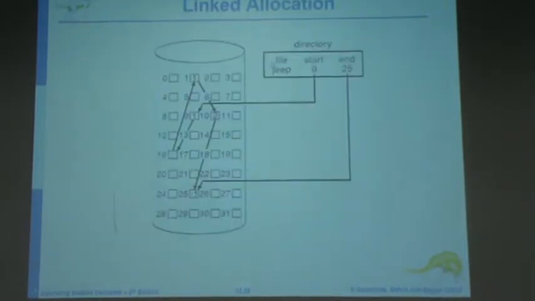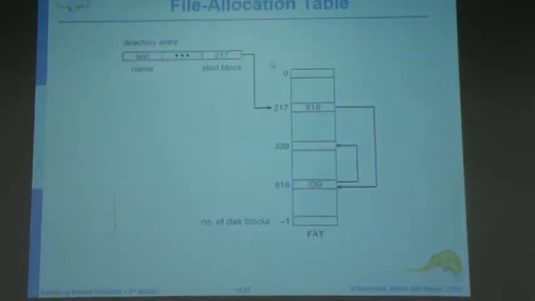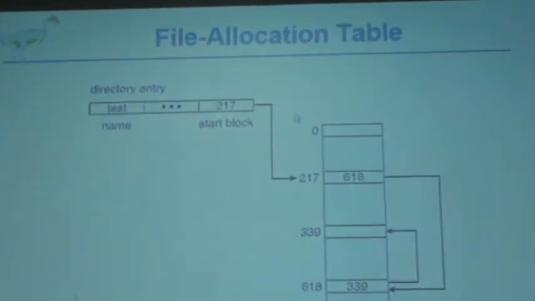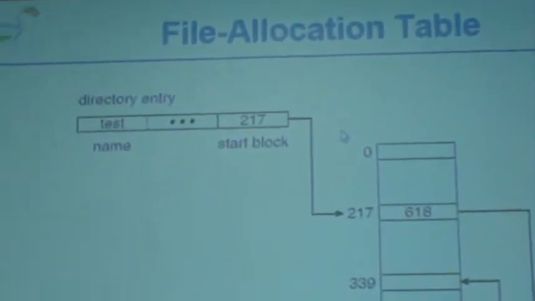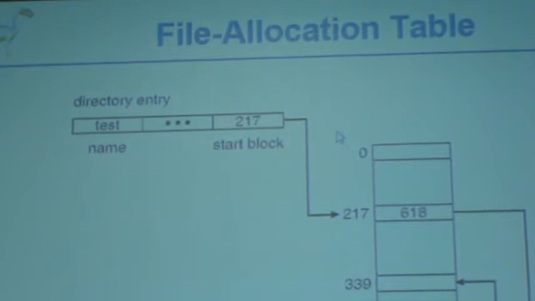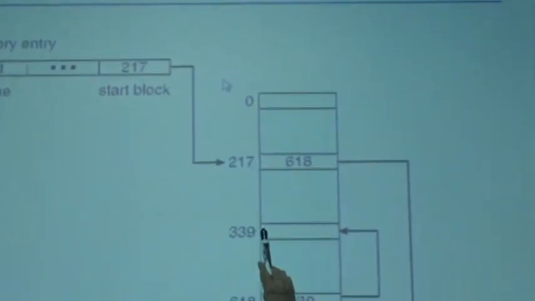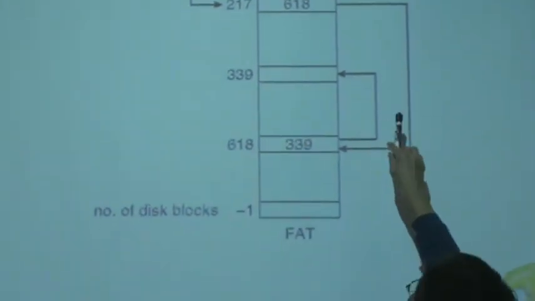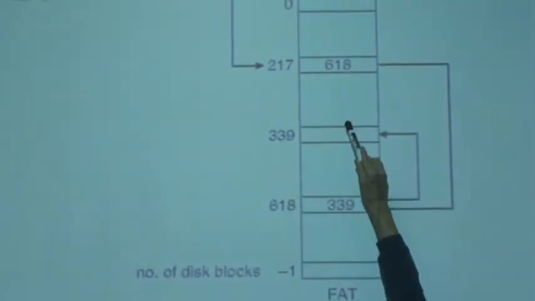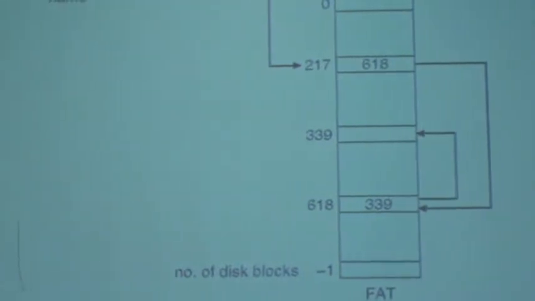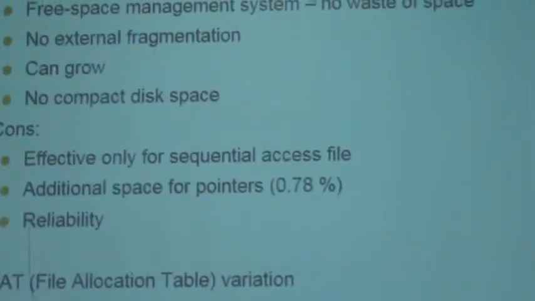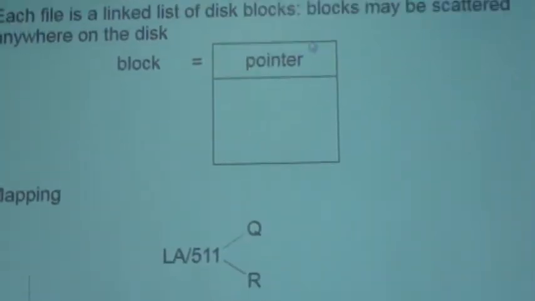So this is the high level data structure of the FAT file system. We have the directory entry. It has the pointer, the offset, the address of the first block, 17, and it has 618. It's not the entire block, it's just the pointer information, only the pointer.